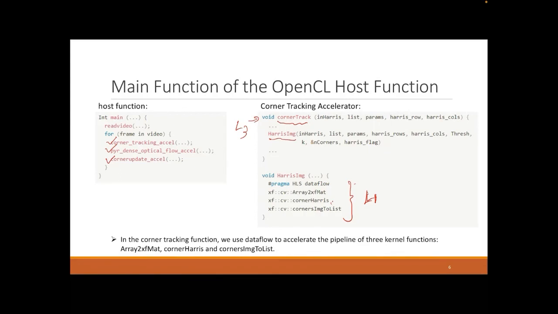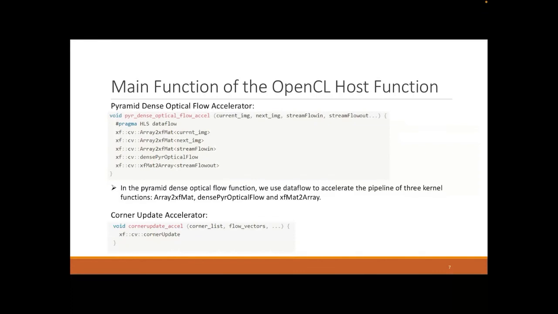As with the corner tracking, you can think of this L3 function, and the L3 function uses these 5 L1 functions, and this is optical flow. For the corner update, this is an L3 function, and it only uses one L1 function here.